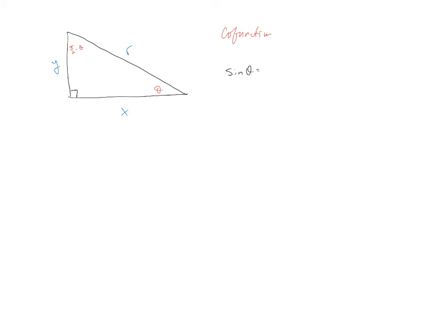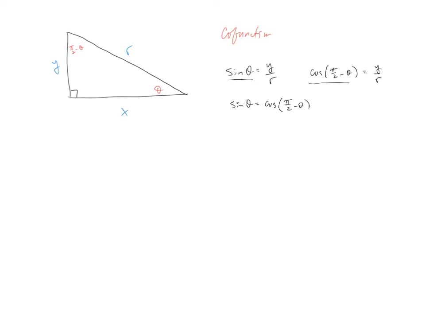Sine of theta, based upon how we're set up, would be the Y over R. Now, if I take a look at cosine of pi over 2 minus theta, so now I'm looking at this angle right here, cosine of this angle would actually be the Y over the R. So it looks like sine of theta is the same thing as cosine of pi over 2 minus theta. So that's one of the identities, the cofunction identities. So sine of theta equals cosine of pi over 2 minus theta.